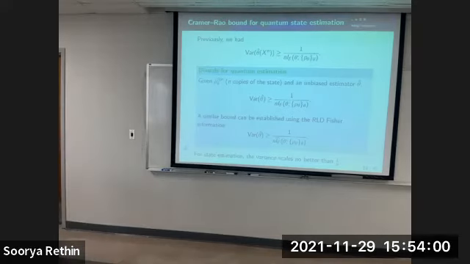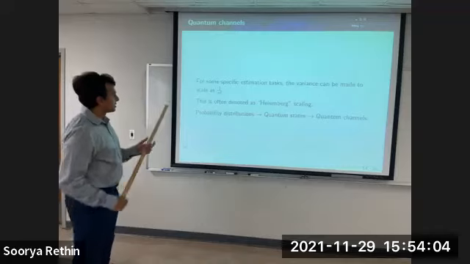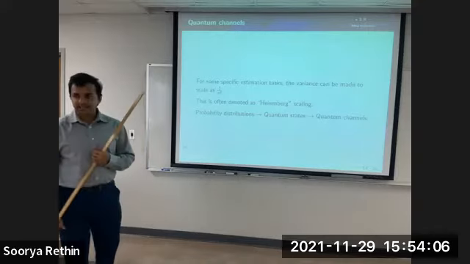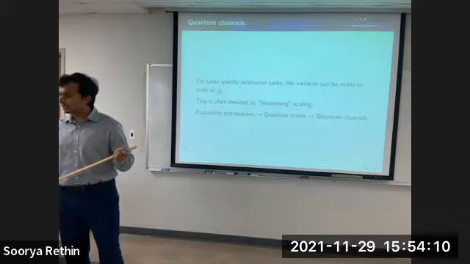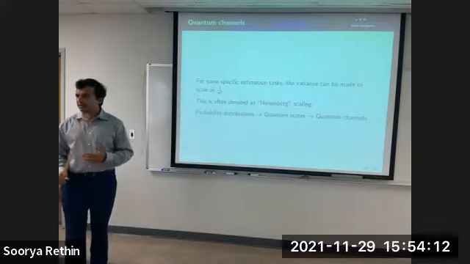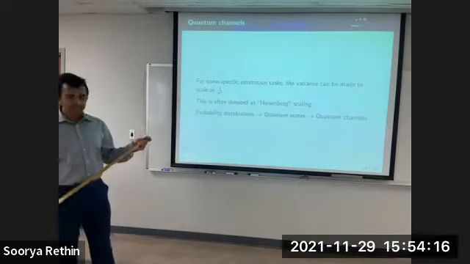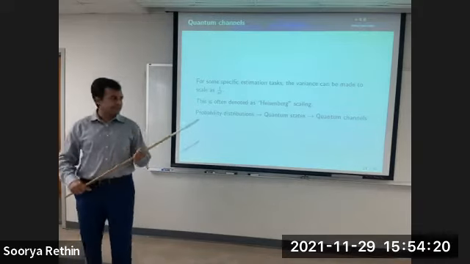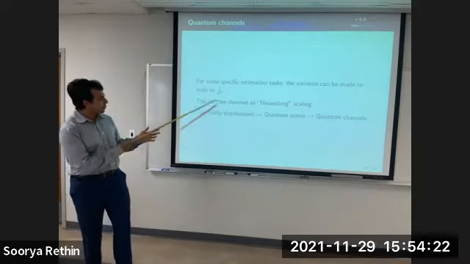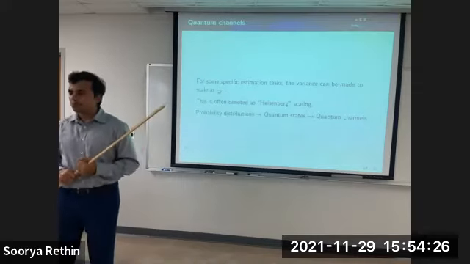To do so, we need to introduce the idea of quantum channels, and for certain estimation tasks involving quantum channels, the variance can be made to scale as 1 over n squared. This is often denoted in the quantum information or quantum metrology community as Heisenberg scaling. The reason, very briefly, is that the form of the scaling reminds us of the Heisenberg uncertainty principle.